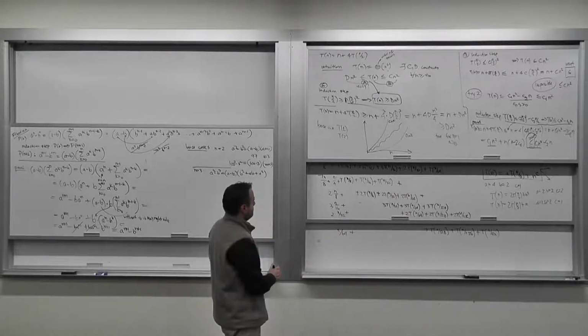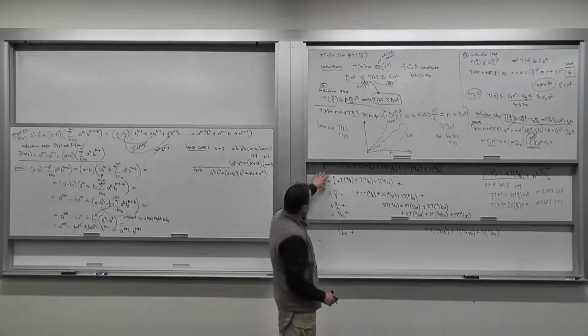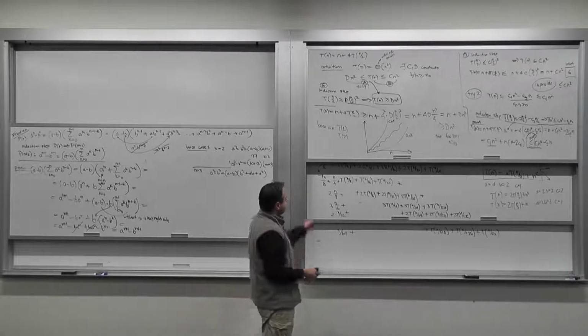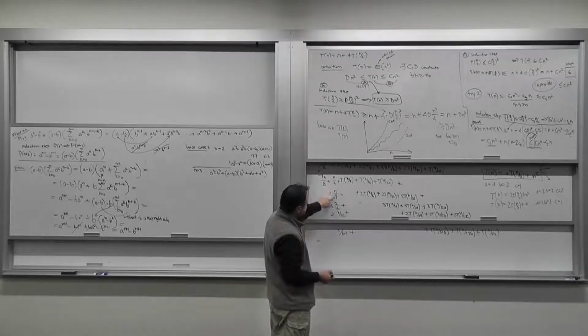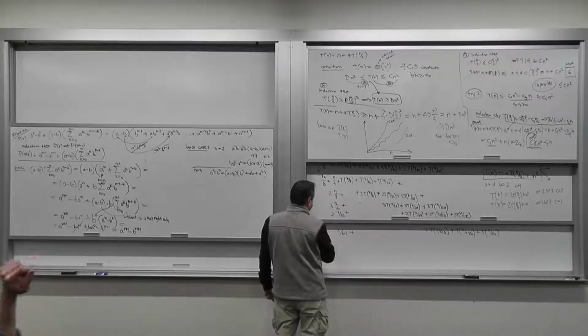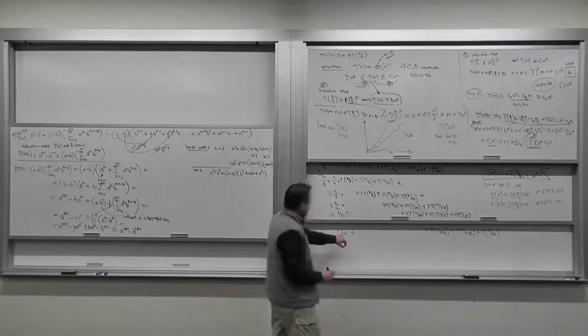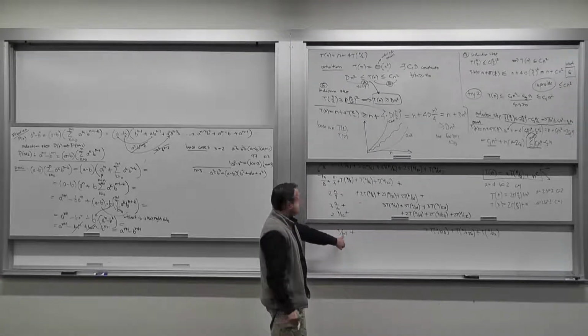What happened here? 7n by 8 came from the previous term, right? So I'm getting here n by 4. This is another n by 4. How do I figure out how many n's are here? So 7n by 8 is from before, plus, let's say the denominator I want is 64.